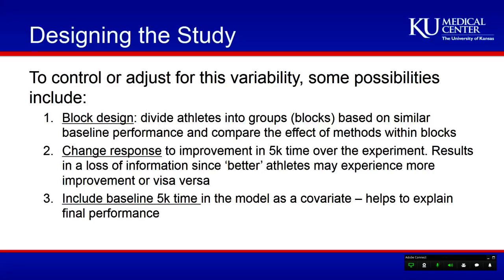That's the problem I mentioned with a ceiling effect or a floor effect. Incorporating a change will not allow you to account for the fact that change itself might be related to those baseline values.